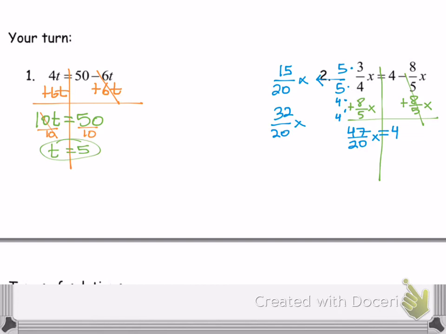And then, since you have a fraction being multiplied by a variable, you multiply by the reciprocal on both sides, and you get x is equal to 80 over 47ths. Okay, very ugly answer. I know we haven't dealt with fractions in quite a while, but it's the same. Why don't you go ahead and try the bottom 3 on the next page.